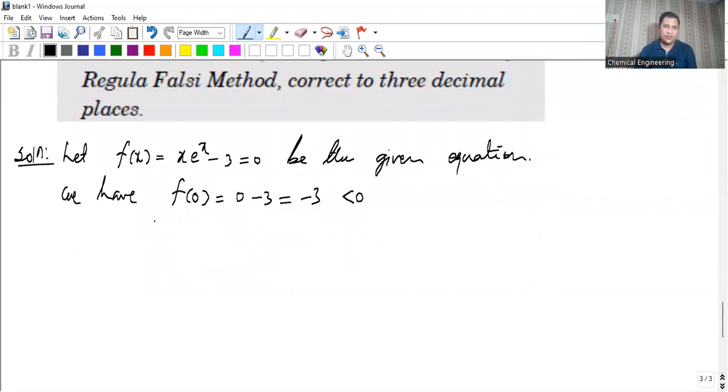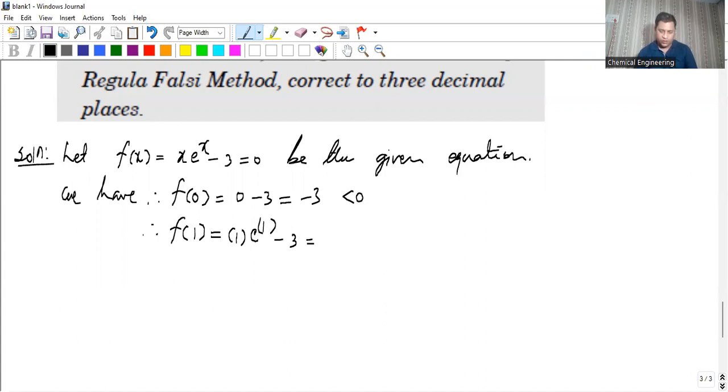Yes, sir. Now consider f of 1. The value of e is 2.71 something, so calculate that value. We have 1 into e raised to 1 minus 3, and I hope it will again be less than 0.